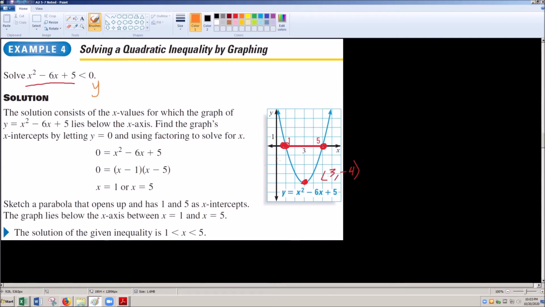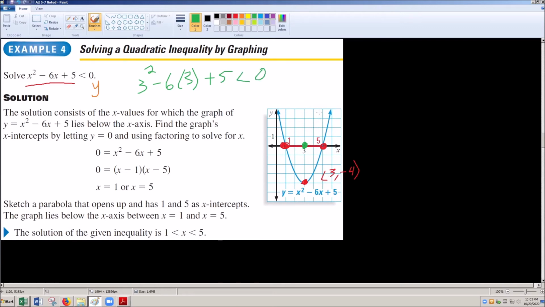So when I look at this, let's plug in a point. Let's pick this point here, 3, 0, right? There's no y's we're plugging in, so let's just plug in 3. 3 squared minus 6 times 3 plus 5 less than 0.